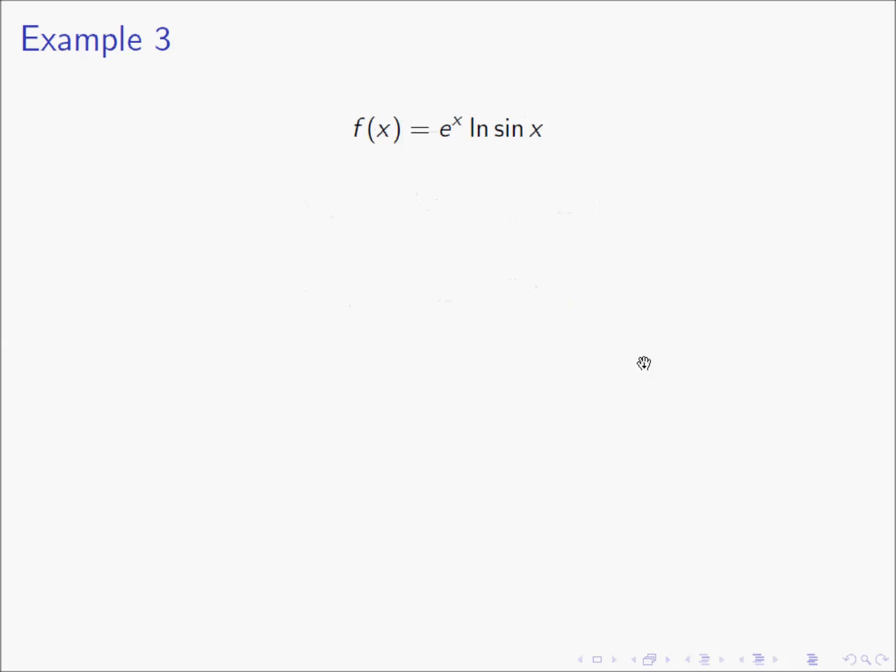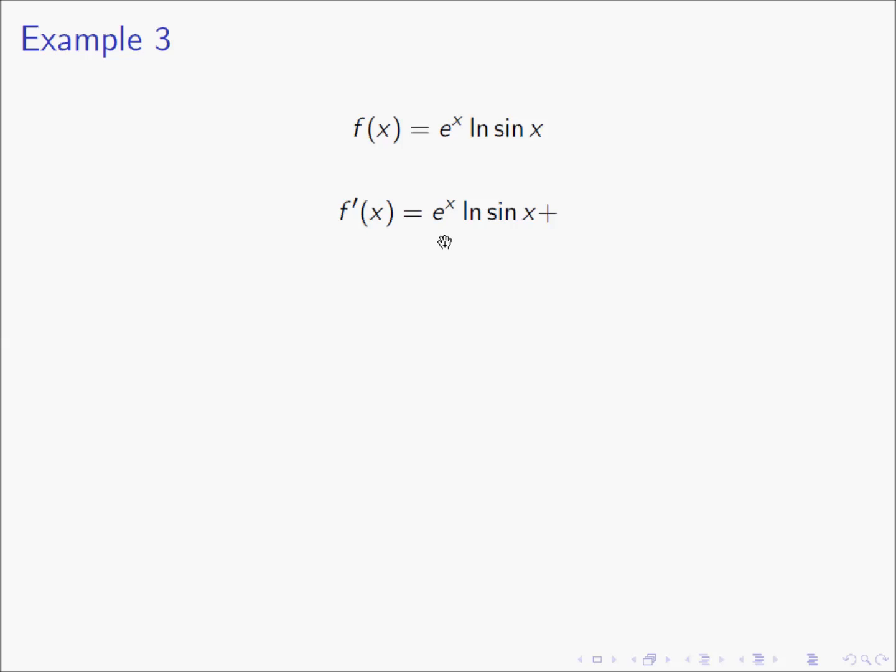Now here we have a more interesting example. We can see this as the product of two functions. We can consider that e to the x is u of x, and that the natural log of sine of x is v of x. So we're going to use the product rule. We apply the product rule.